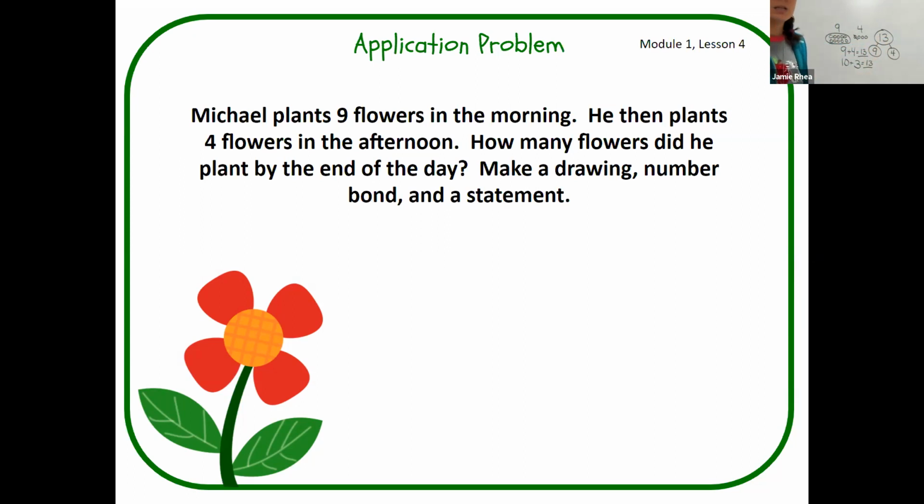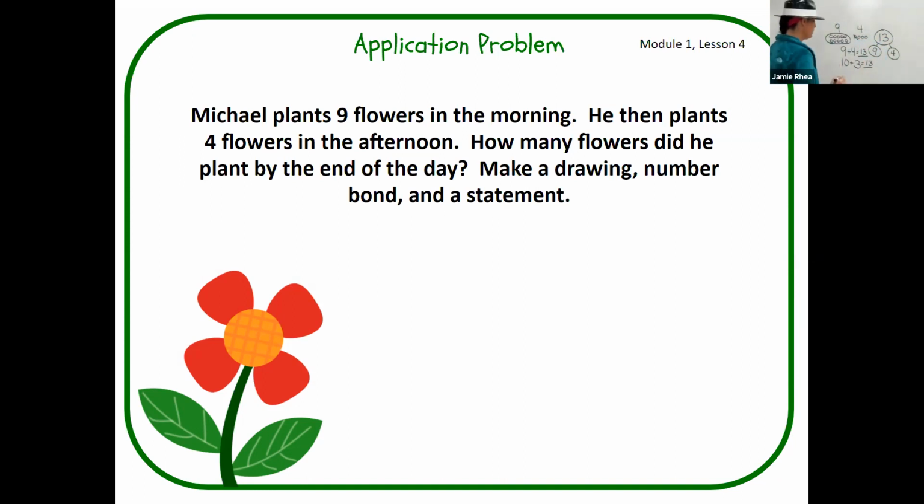Yes, we did. Did we make a number statement? We haven't done our statement. We made a number sentence to help us, but we need to make our statement. Remember, our statement does what? Answers the question. Our question was, how many flowers did he plant at the end of the day?